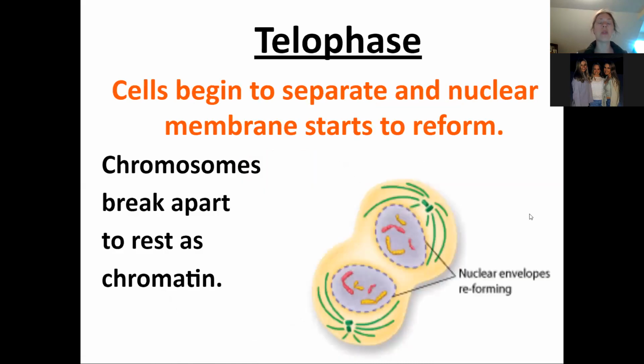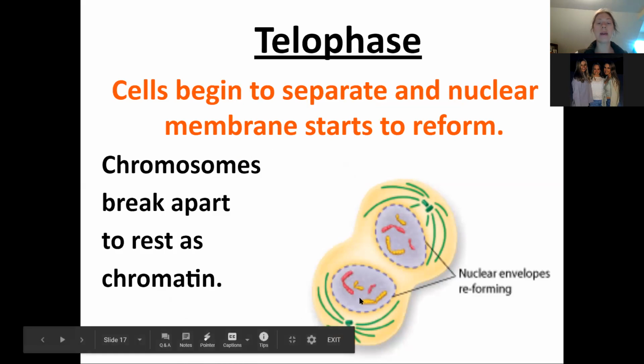In telophase, which is the last part of mitosis, the division of the nucleus, this DNA, which has now been kind of moved to either side, is going to condense, and we're going to reform the nucleus. So that envelope's going to come back. You can kind of see here in this picture that my cell is starting to pinch a little bit.